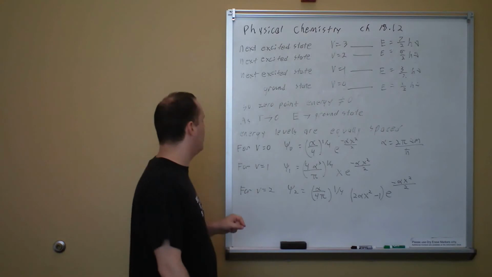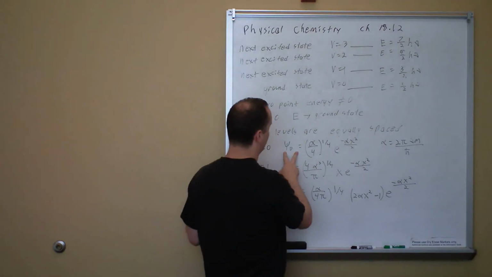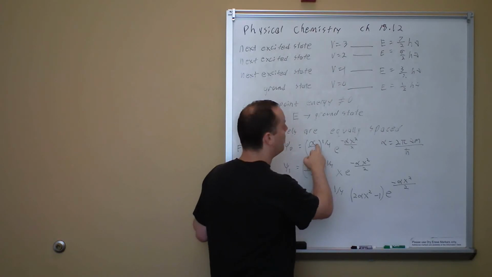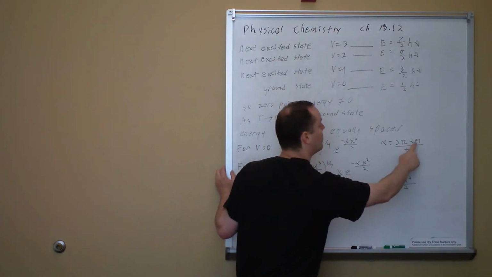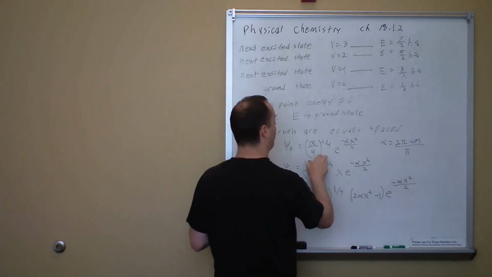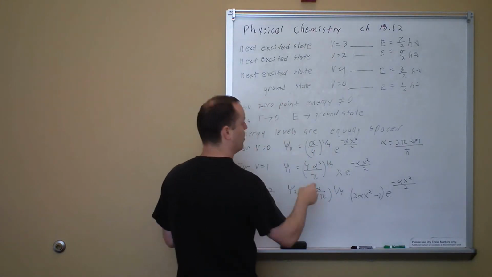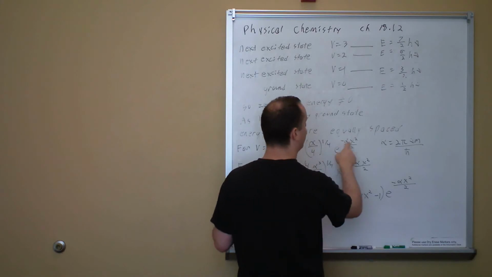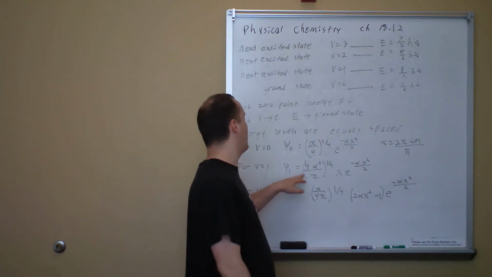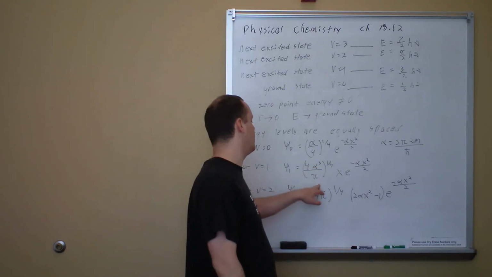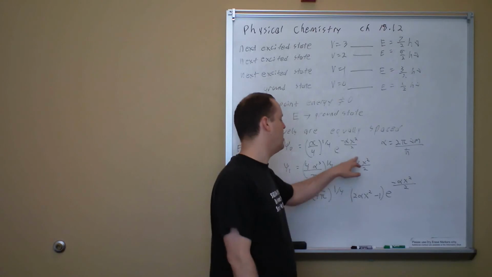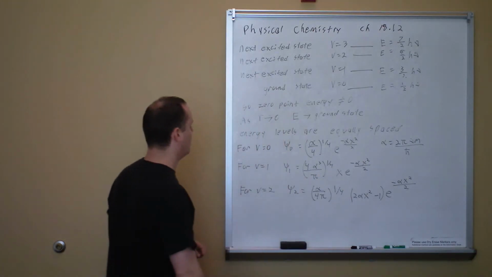For v equals 0, this is what the wave function looks like. This is our psi 0. We have alpha, which is 2π times frequency times the mass over h bar, over 4, to the 1/4 power, the fourth root, and that's e to the minus alpha x squared over 2. For v equals 1, psi 1 is equal to 4 alpha cubed over π, all that to the 1/4 power, times x, times e to the minus alpha x squared over 2.